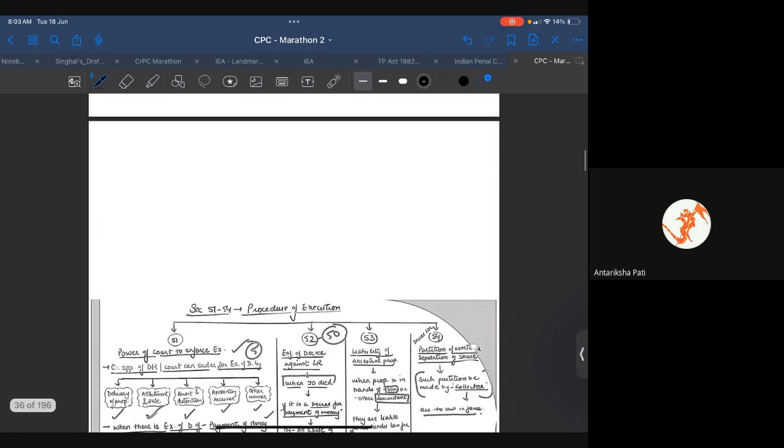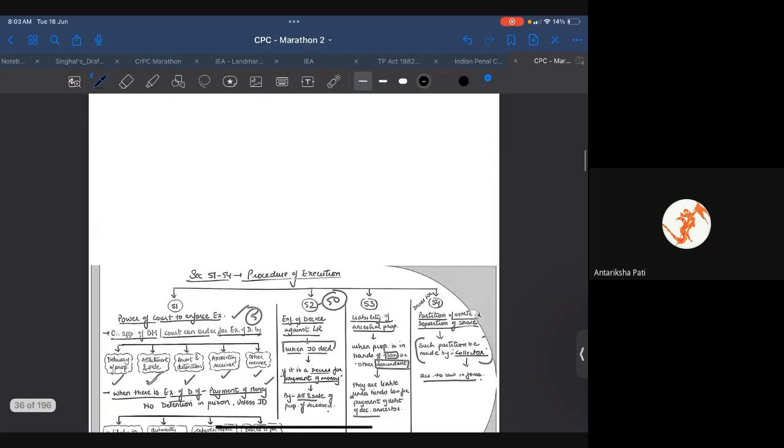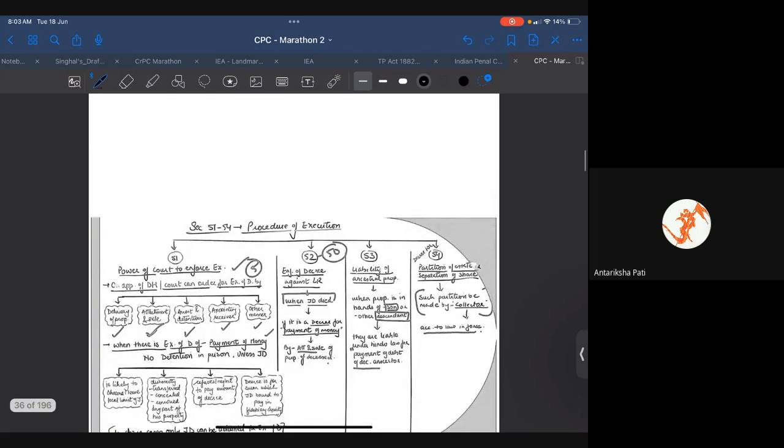Next, Sections 51 to 54, procedure of execution. Section 51 says the power of the court to enforce execution on the application of the decree holder: the court can order execution of the decree by any of the following: delivery of property, attachment and sale, arrest and detention, appointing a receiver, or in any other manner.